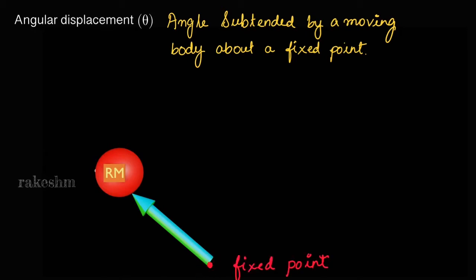So this here is our fixed point, and let us see what angle this moving body subtends at this fixed point.